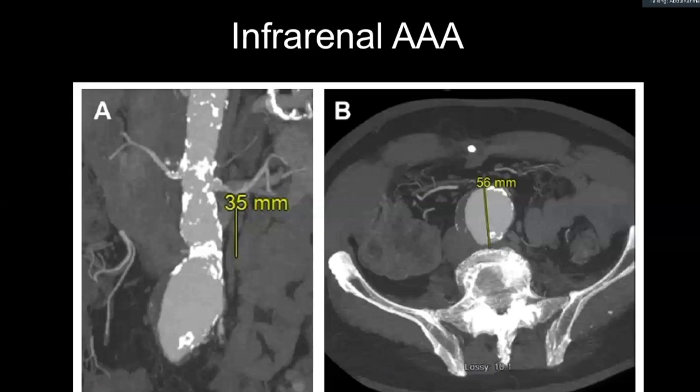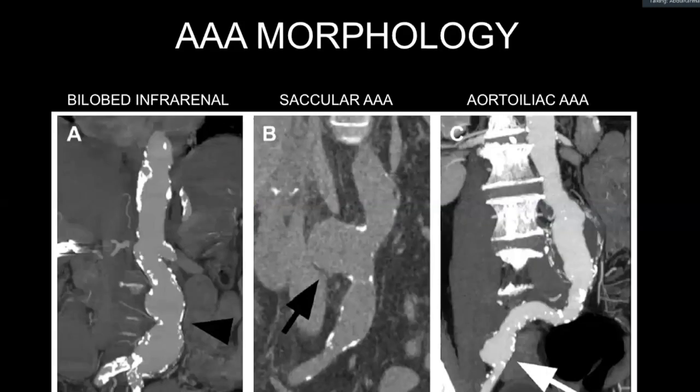So when you come across one of these in the exam and it reaches 5.5 centimeters, it should be considered for elective repair, because aneurysm ruptures have a high mortality of approximately 80 to 90%, and the risk of rupture increases exponentially after a size of 5.5 centimeters. So remember this: 5.5 centimeters and above, patients should have a repair of the aneurysm.